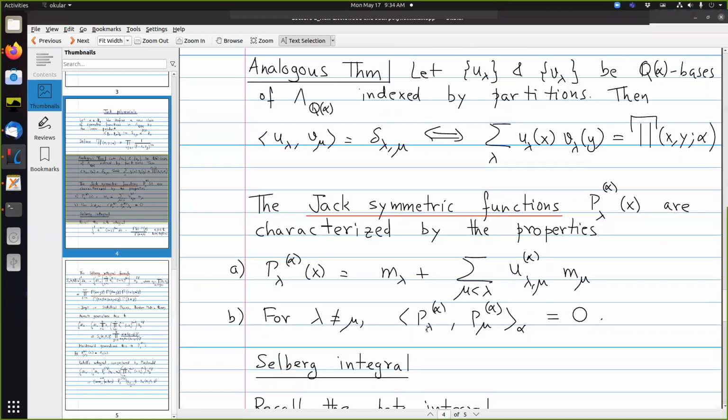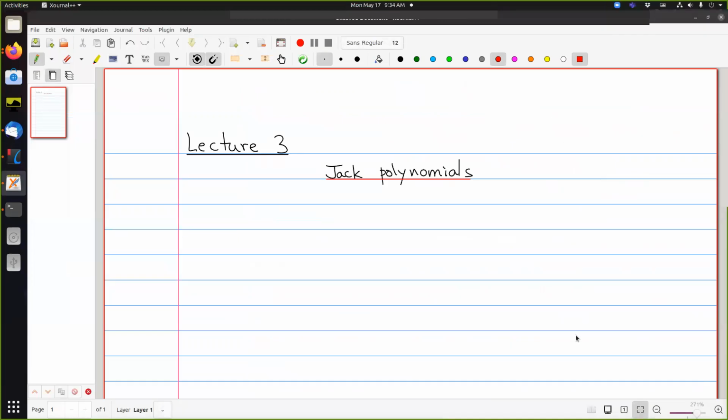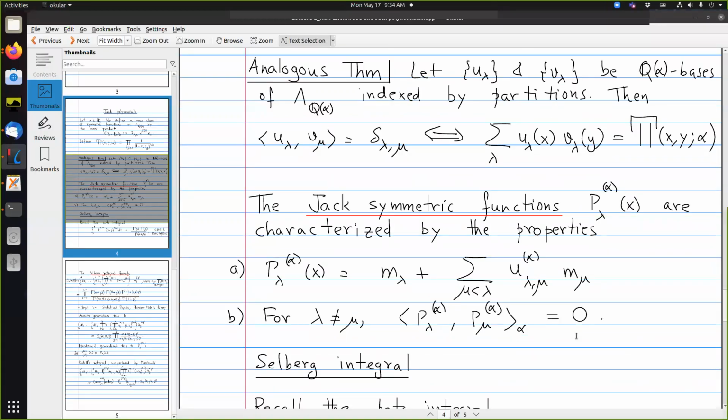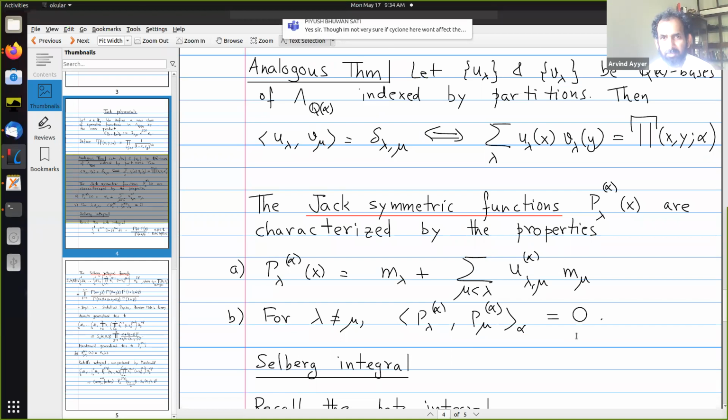Yeah, P lambda with P lambda, that's what I mean. Oh, yeah. It's non-zero. It's not orthonormal. But do we know some nice formula? Yeah, we do know some nice formula.